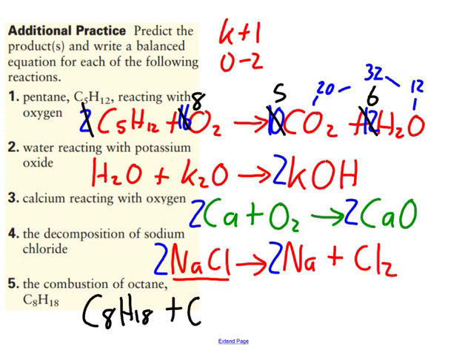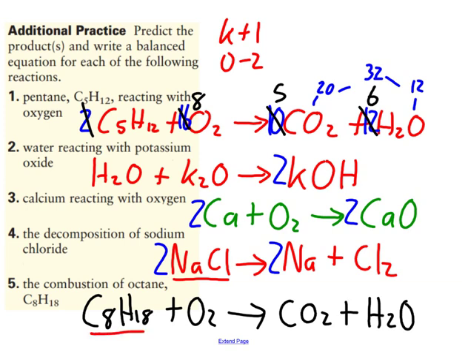Okay, combustion. We'll add O2. We'll get our usual products of combustion of a hydrocarbon, and now I'll go ahead and do my trick to balance. Put the hydrogen subscript as a coefficient, double the hydrocarbon, fix the carbon dioxide, and from there finish off the oxygen.